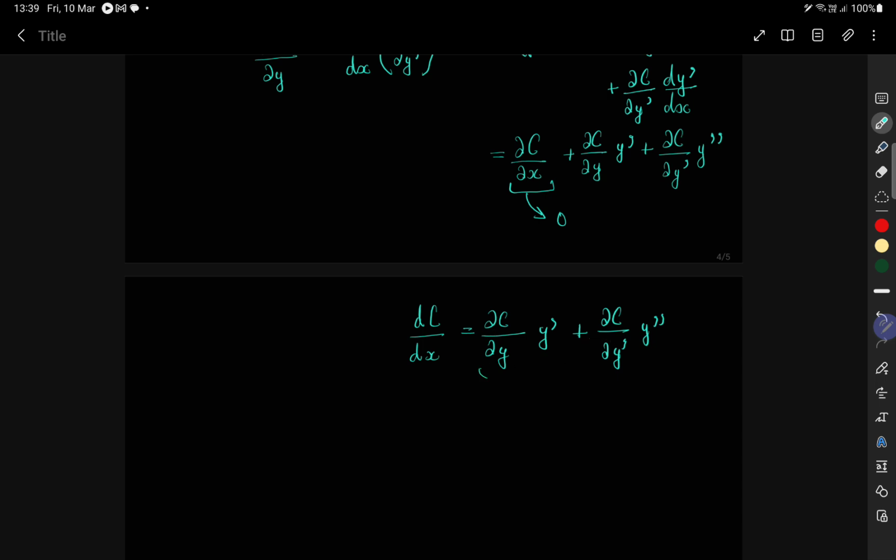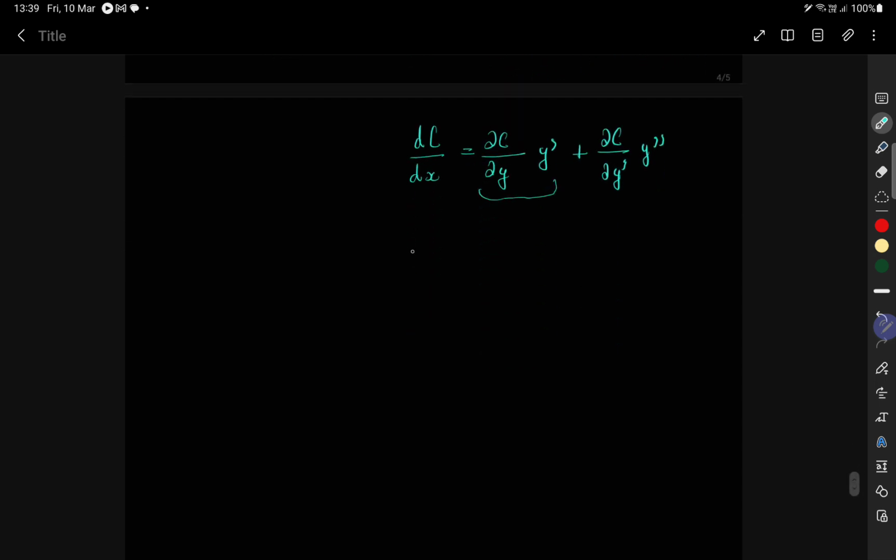Now we're going to isolate this term, so we get y prime partial c by partial y should equal dc by dx minus partial c by partial y prime times y double prime.